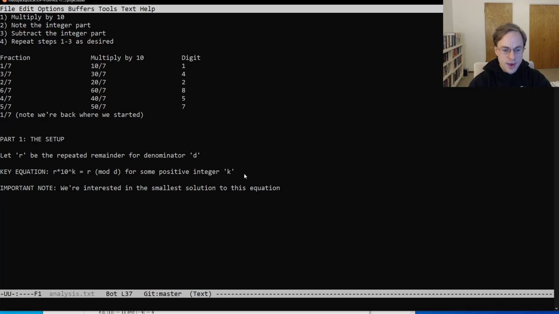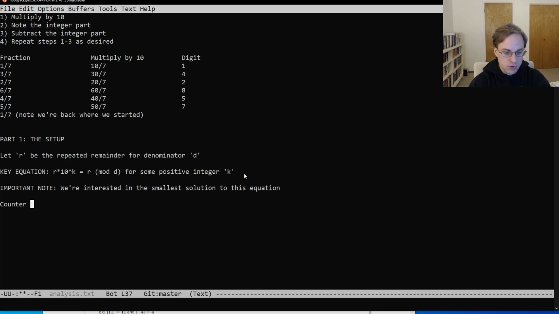Okay, so looking at our key equation here, you might guess that we should be able to divide both sides by r. But it turns out that that's not actually a valid conclusion. That is, we can't conclude, at least not directly, that 10 to the k is congruent to 1 mod d.